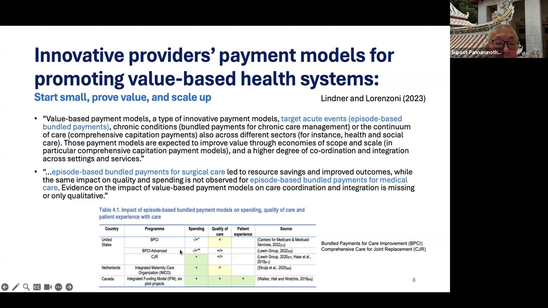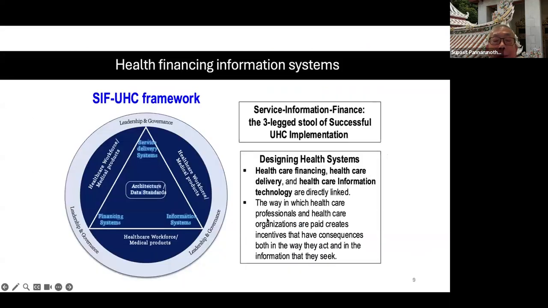The situation in Thailand. This slide is also one that I borrowed from Dr. Bunchai.